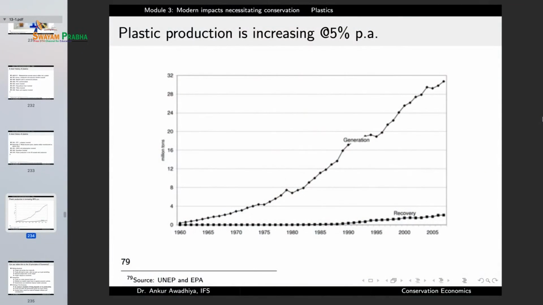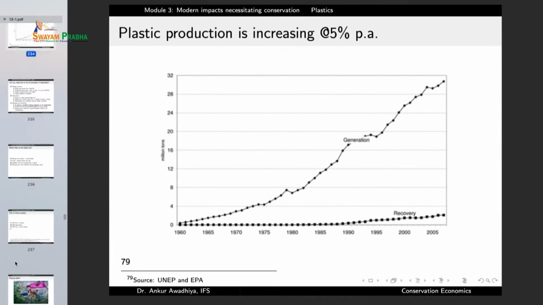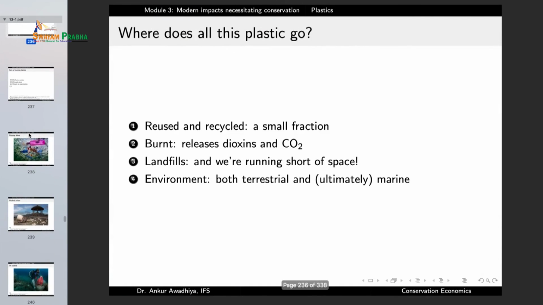And if you look at the production of plastics, it has been growing practically exponentially at the rate of 5% per annum, and a very small portion is being recovered, which is reused or recycled. And when you have a very small portion that is getting recovered, what happens to the rest?